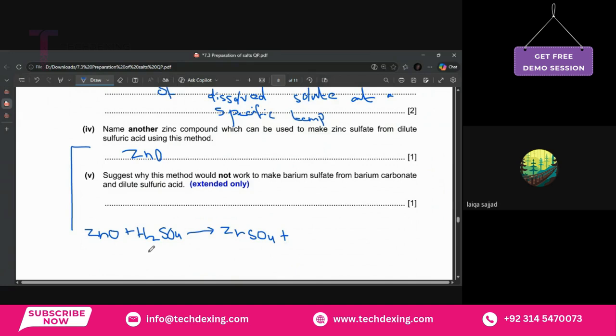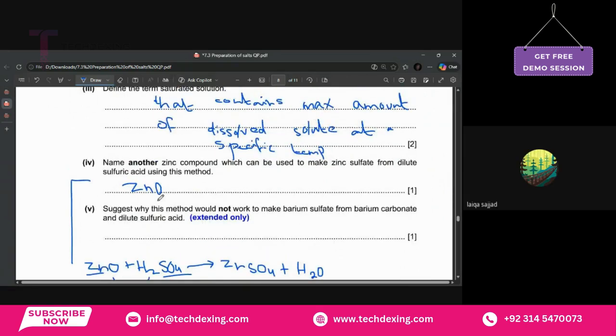Can you see any carbon in the reactants? Zinc from this compound and SO4 from here, and we will be left with only H2O. So we will get zinc sulfate and water. There will be no carbon dioxide produced in this reaction when we use zinc oxide for the production of zinc sulfate. There will be only zinc sulfate and water.